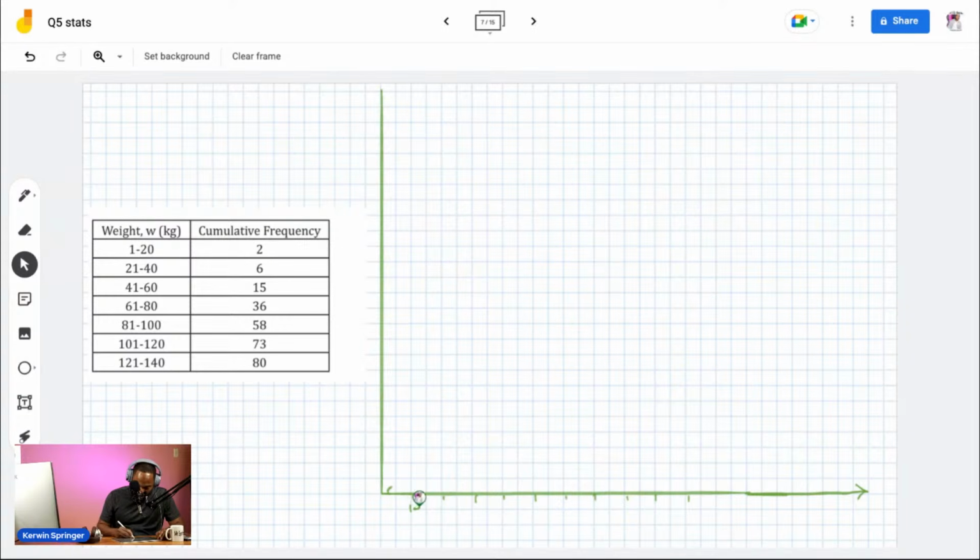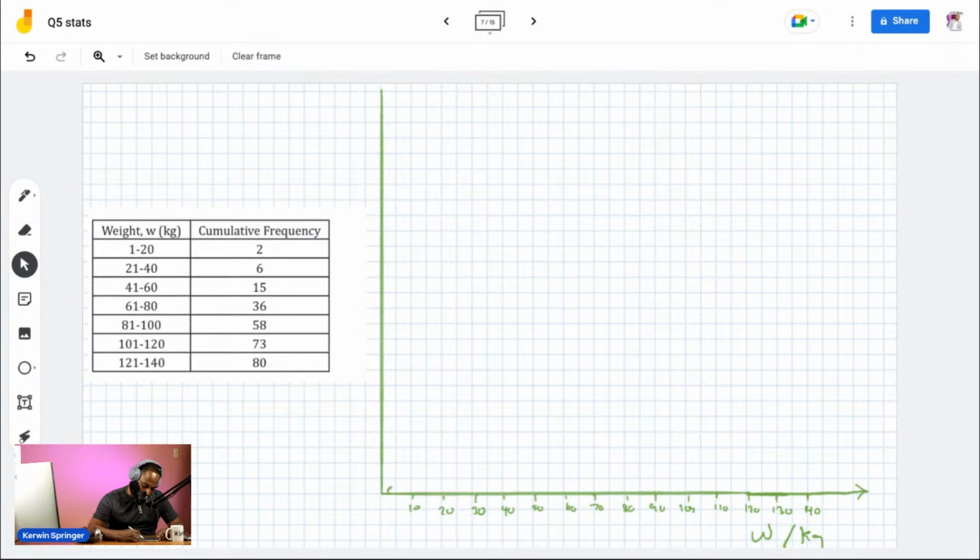So 10, 20, 30. So make sure you plan ahead. 40, 50, 60, 70, 80, 90, 100, 110, 120, 130, and 140. We looking good? So you write your label right away. This is your weight in kg, and this is your cumulative frequency.